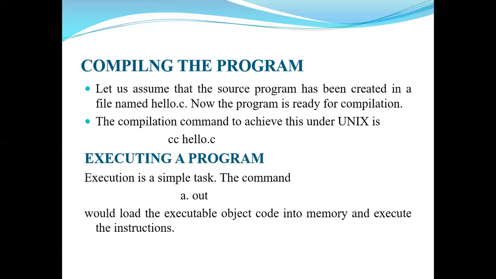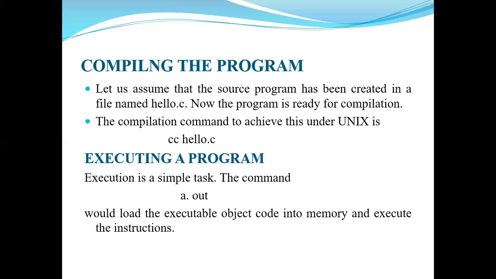The compilation command to achieve this task under Unix is cc hello.c. Then the source program instructions are translated into a form that is suitable for execution by the computer. The translation is done after examining each instruction for its correctness.